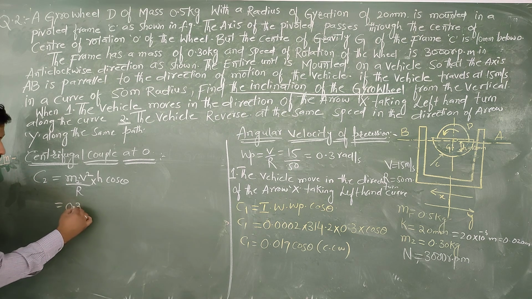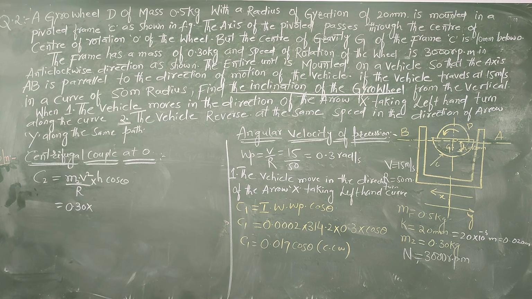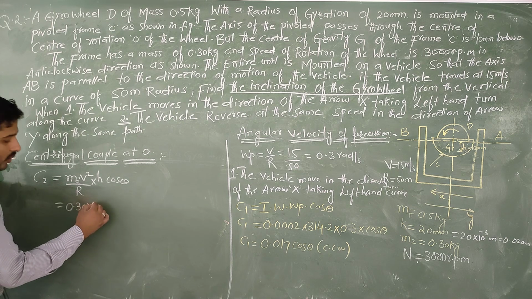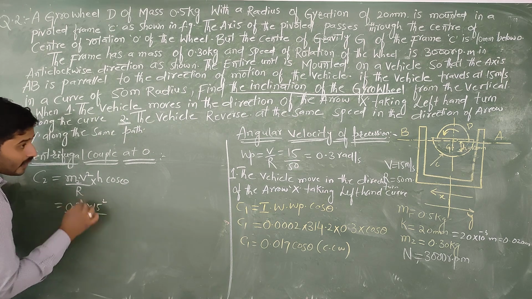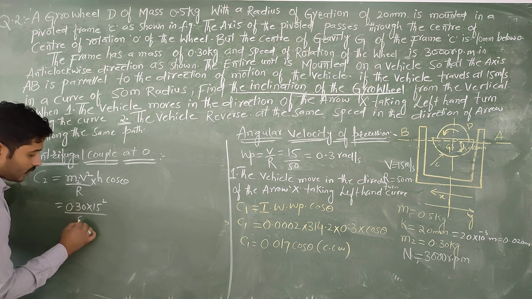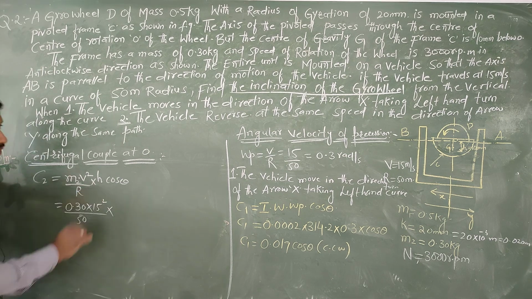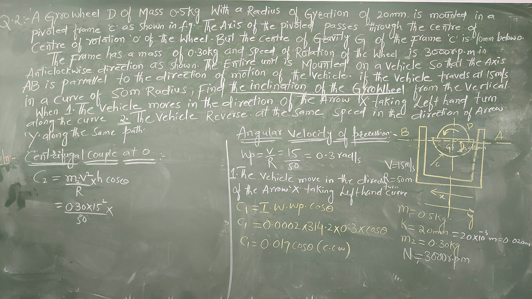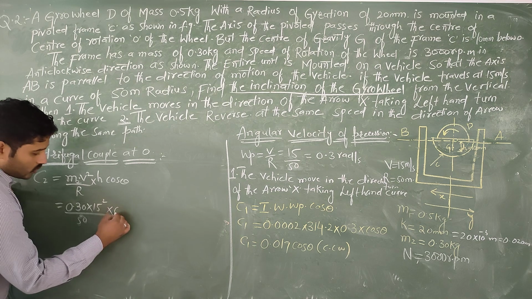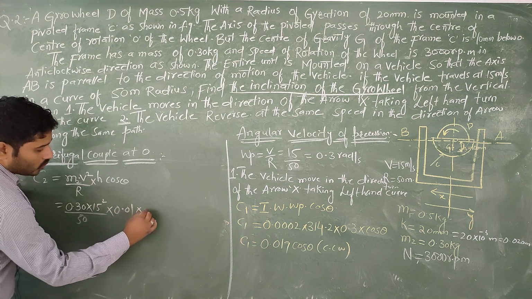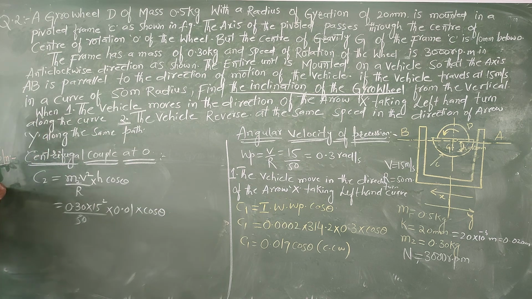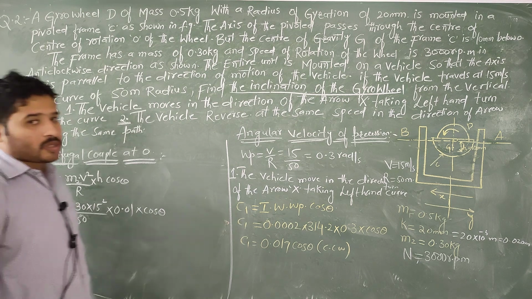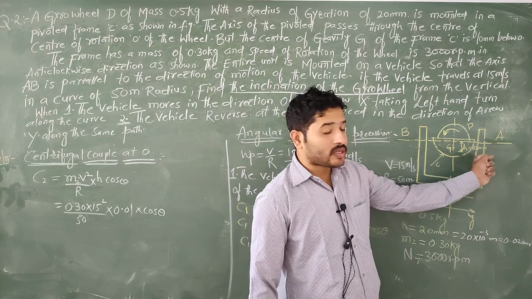So 0.3 into v. V, velocity v is given as 15, whole square, by r, which is 50 meter, into height h. Don't be confused: h is 10 mm.